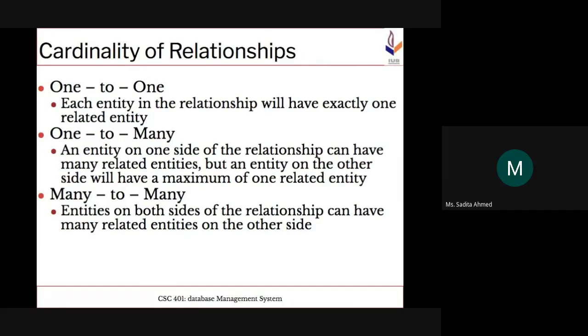A single instance of an entity cannot be associated with multiple entity instances at the same time. For example, a team playing another team, right? A single instance associated with a single instance. A single team will not play against multiple teams in the same football match. That is, right?